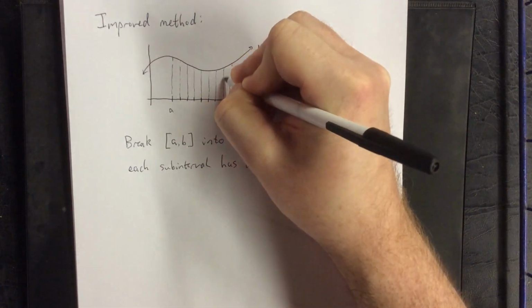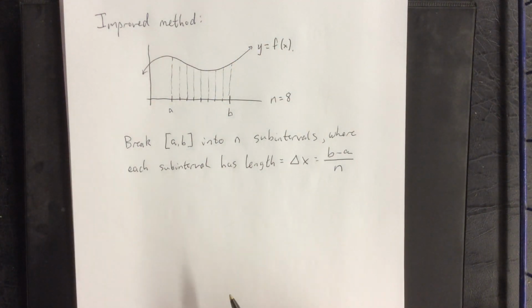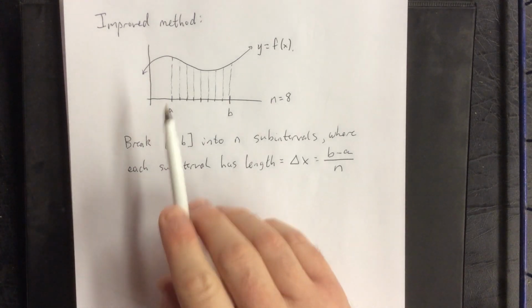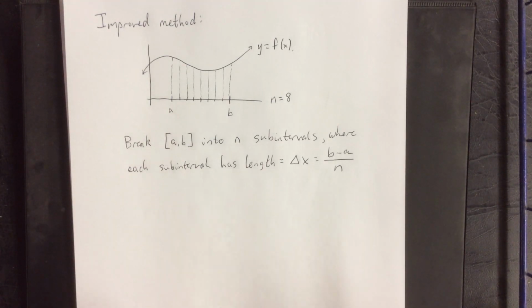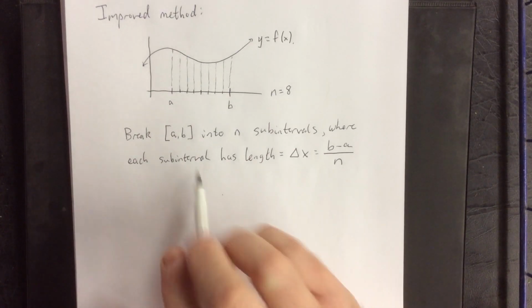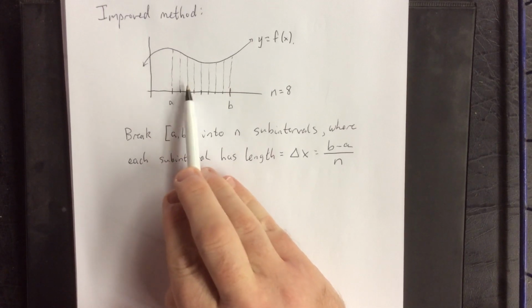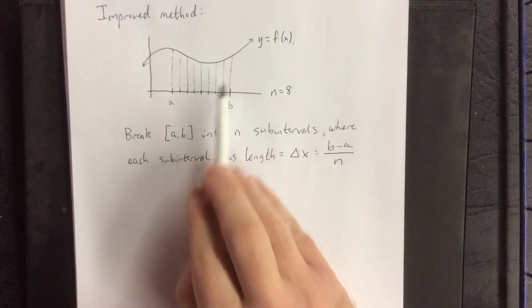Now what this will do is it's going to start eliminating some of the extra area from over approximations or not enough area from under approximations. So essentially what we're doing is, depending on whether it's a left-hand approximation or a right-hand approximation, we are going to approximate the area on all of these subintervals using a rectangle.